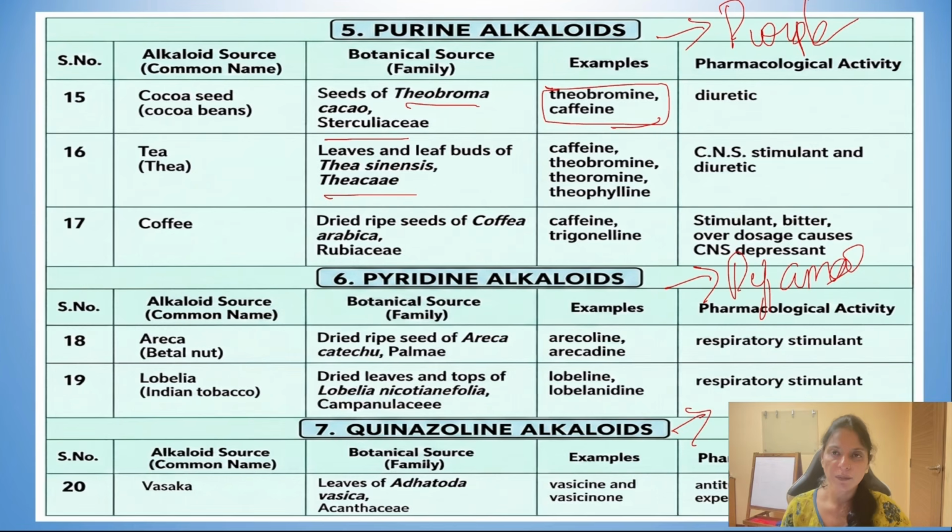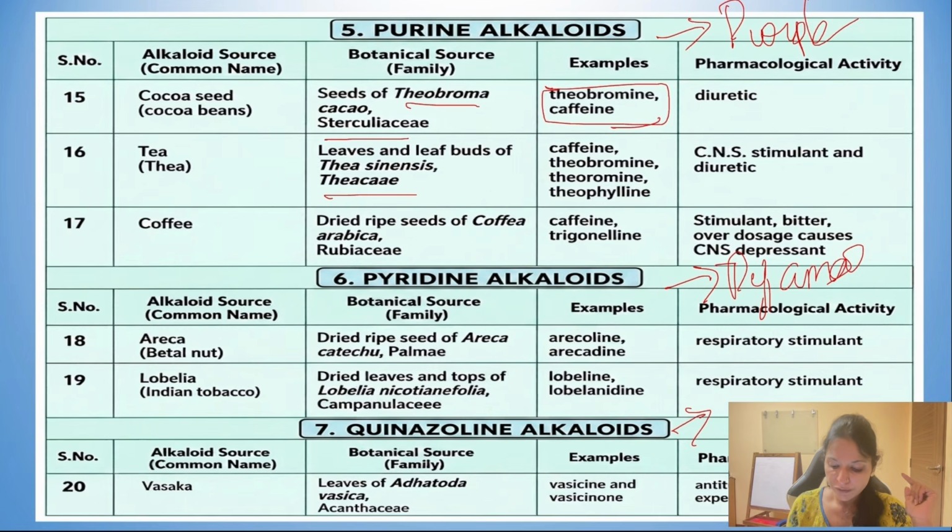These are the common active constituents, and diuresis is the common pharmacological activity or use. Apart from that, tea and coffee exhibit a stimulant effect. In the case of coffee, we can also see a CNS depressant effect. That's why drinking more coffee is not advisable.